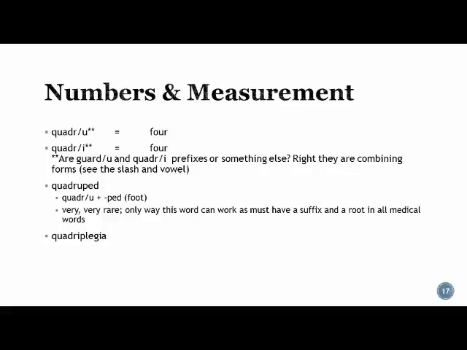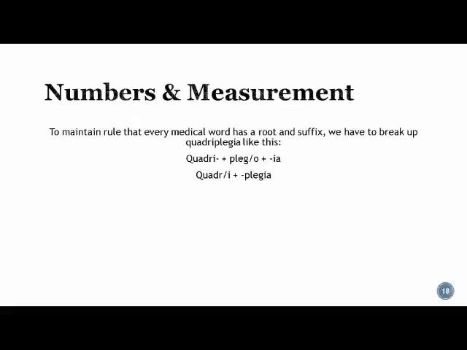Now, quadri can be a prefix. Quadri can also be a combining form. So again, you know that these two are combining forms because there is a slash followed by a vowel. So to maintain our rules that every medical word has a root, every medical word has a suffix, we have to break quadriplegia up into one of these two fashions.